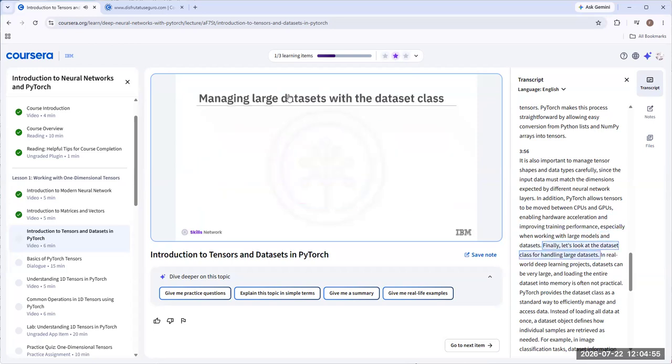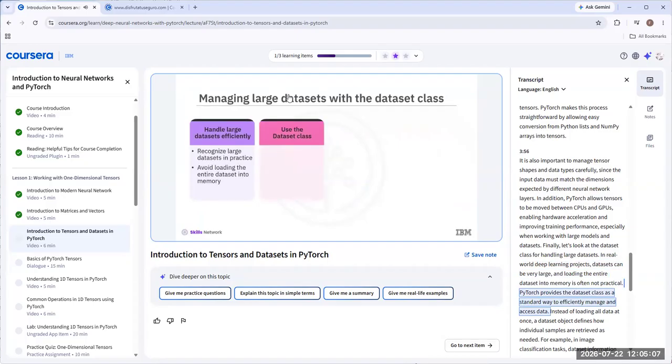Finally, let's look at the dataset class for handling large datasets. In real-world deep learning projects, datasets can be very large, and loading the entire dataset into memory is often not practical. PyTorch provides the dataset class as a standard way to efficiently manage and access data. Instead of loading all data at once, a dataset object defines how individual samples are retrieved as needed.